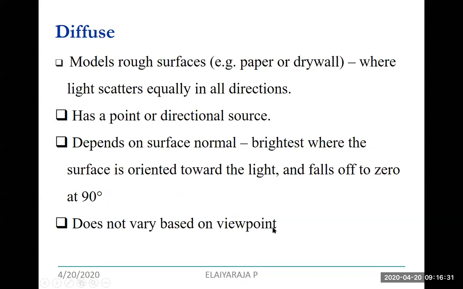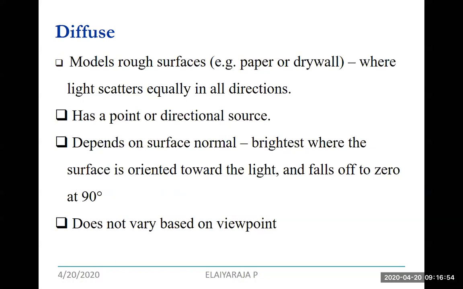Again, it does not vary on the viewpoint. Why? Because it scatters the light equally in all directions, so you are not going to see any viewpoint dependence there, right?